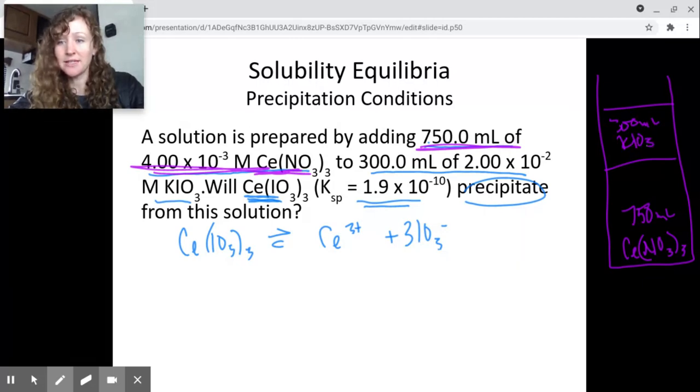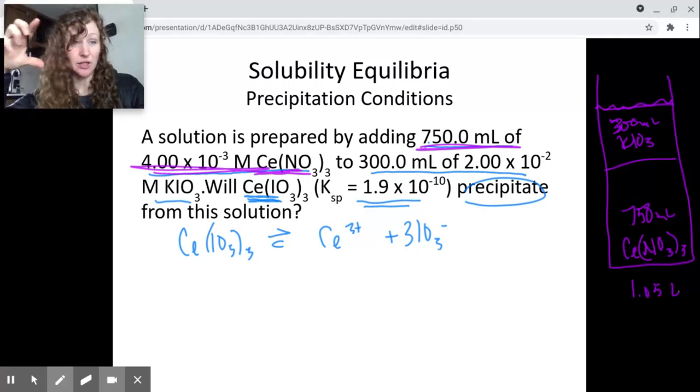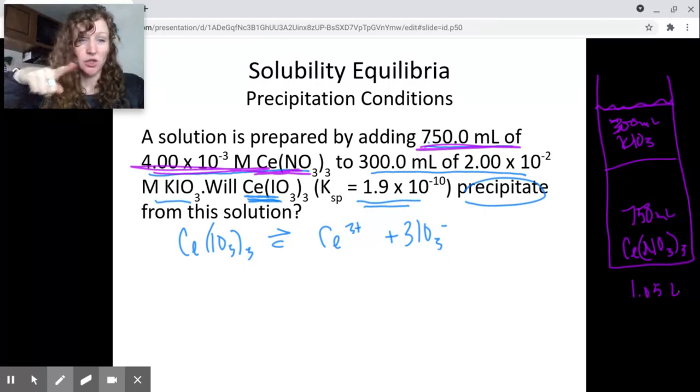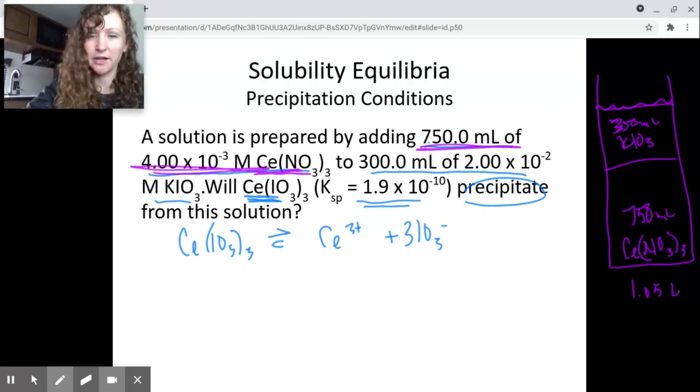So in the end, my selenium is floating around in 1 liter and 50 milliliters, something like that. 1.05 liters. My selenium's floating around in that solution, and so I need to know the molarity in that solution. So let's figure out how many moles of selenium we have, and then figure out the molarity in that solution. This would be a good time to pause and see if you can beat me there.